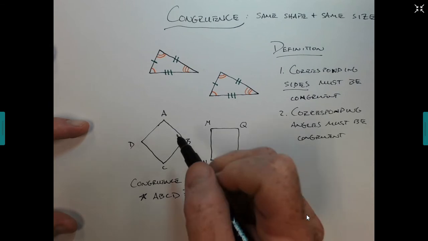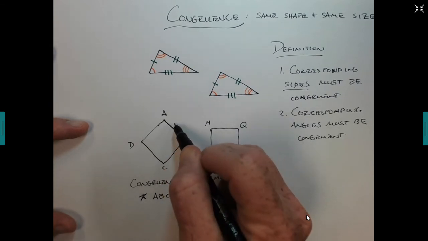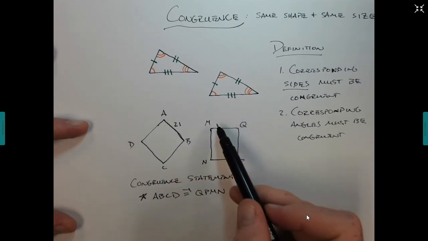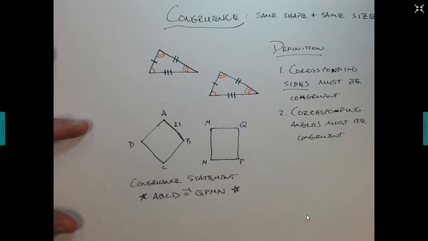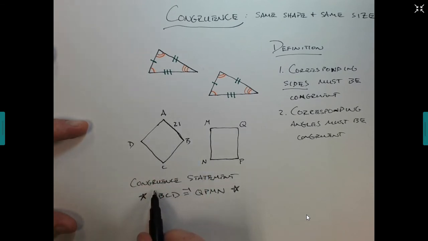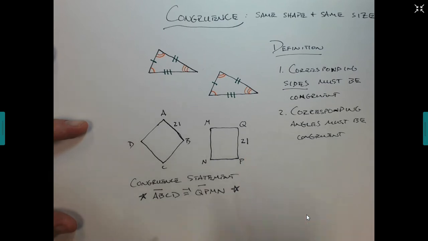If I want, let's say I knew that side AB here, let's say I knew that it was 21 units. Well, I would want to know which side over here measured 21 units. So if this is side AB, I can look here. AB has got to match up with QP, so I know that the 21 unit measure is here.